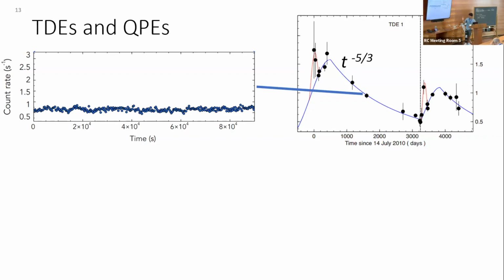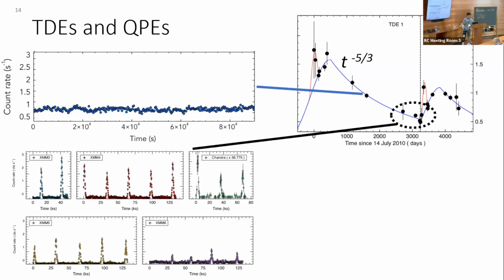And then as this monitoring campaign continued to 2018 and 2019, that's when these beautiful and surprising QPEs emerged, near the end of the t to the minus 5/3 decay. I should also mention that this characteristic power-law decay slope isn't the only evidence we have pointing towards a TDE in this source.